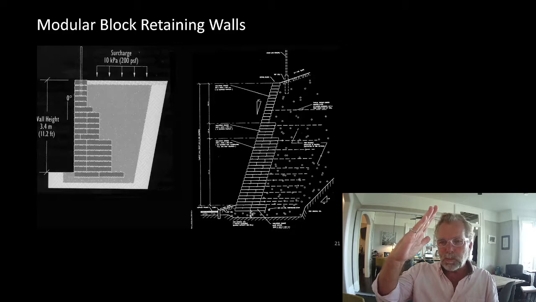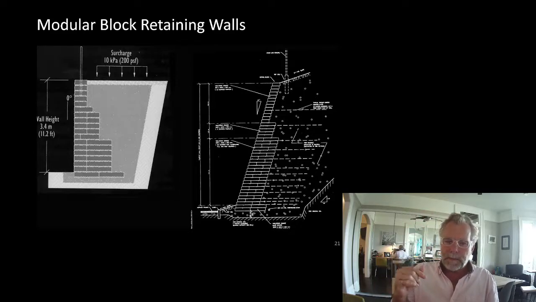The other reason we batter a wall is because active earth pressure depends on movement. So I said the active earth pressure is very low. It is, but it's only low if it can move just a little bit. It doesn't have to move a lot, but it has to move a little bit. If it can't move at all, then we have what's called at-rest earth pressure, which is higher. So what we do with a cantilevered retaining wall is we let it move a little bit.